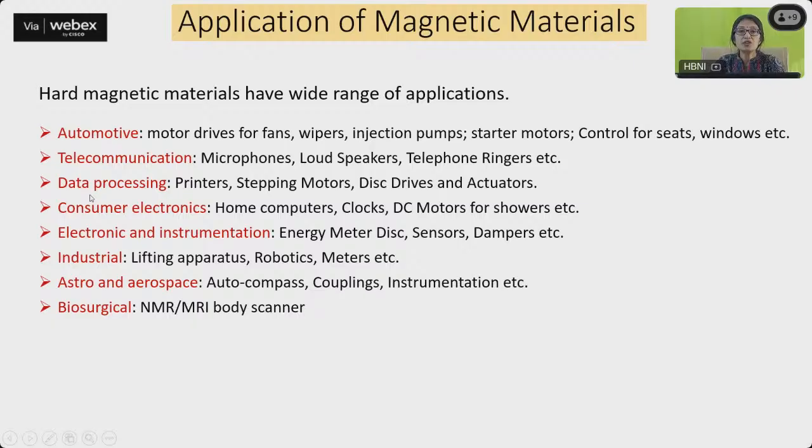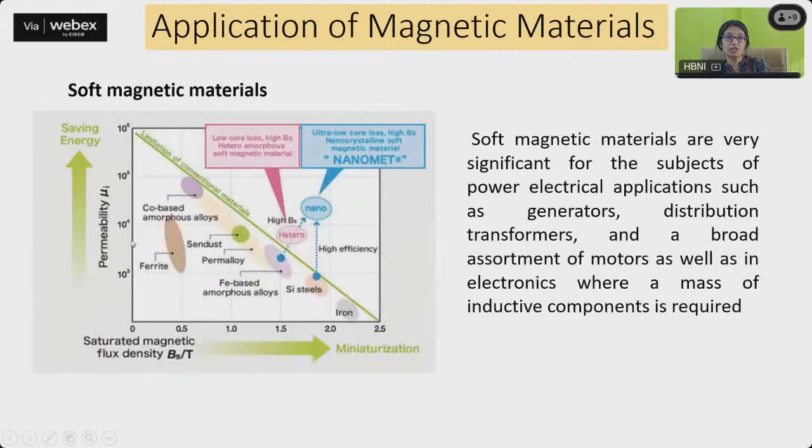In data processing, in printers, stepping motors and disk drives. In consumer electronics and computers, clocks and DC motors. Then in electronics and instrumentation, energy meter discs, sensors, dampers, etc. In industrial applications for lifting various apparatus, in robotics, meters. In the aerospace industry, for auto compass, couplings, instrumentation, and in biosurgical for NMR and MRI body scanners. All these hard magnetic materials find a lot of applications.